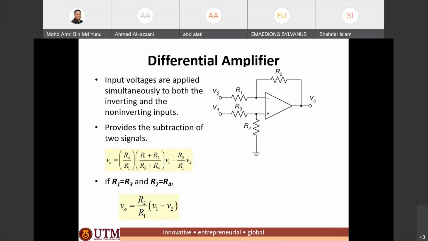And then we have a differential amplifier, where the input voltages are applied simultaneously to both the inverting and non-inverting inputs, and you want to provide the subtraction of the two inputs, including a gain.